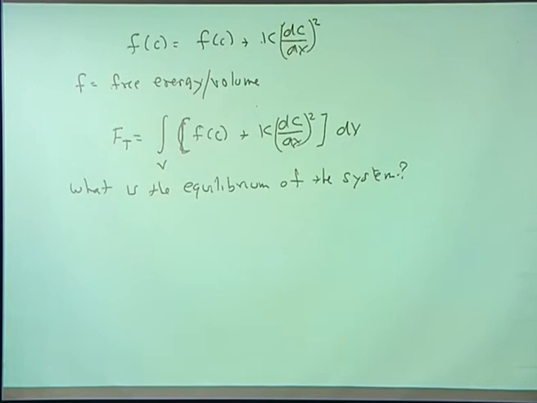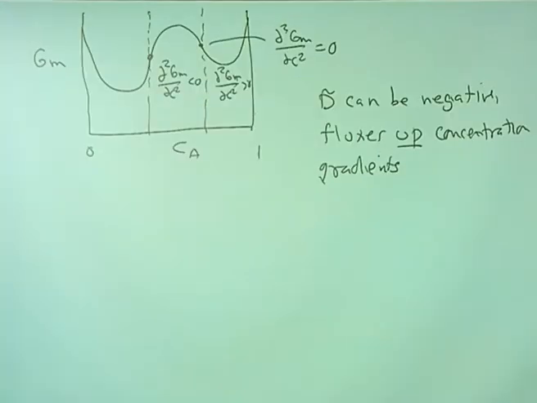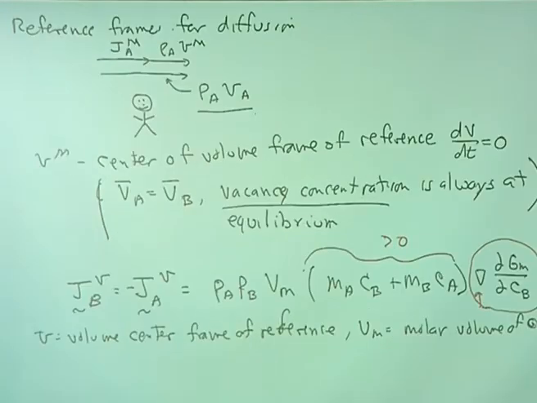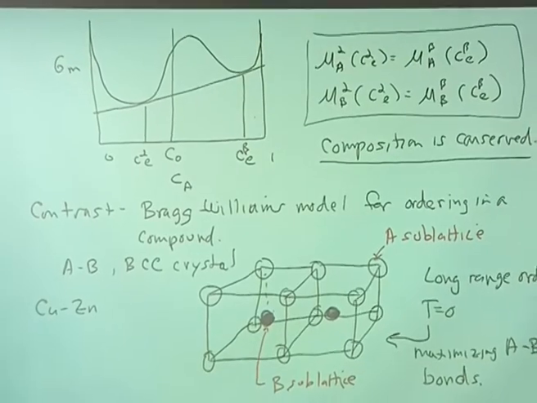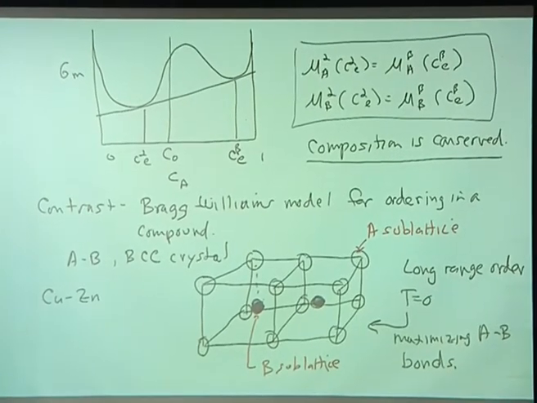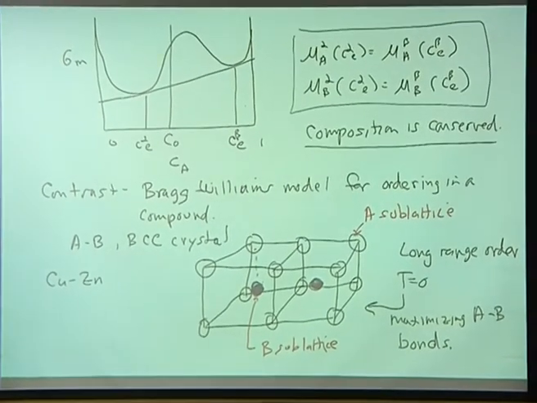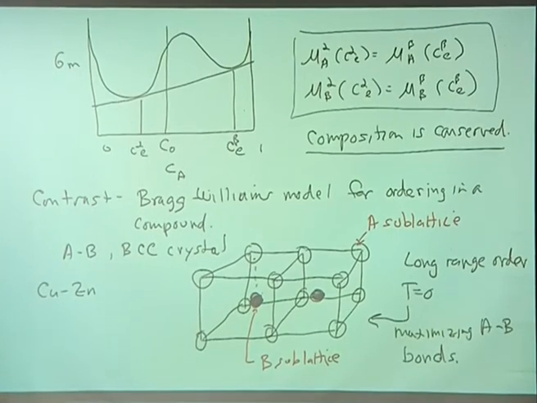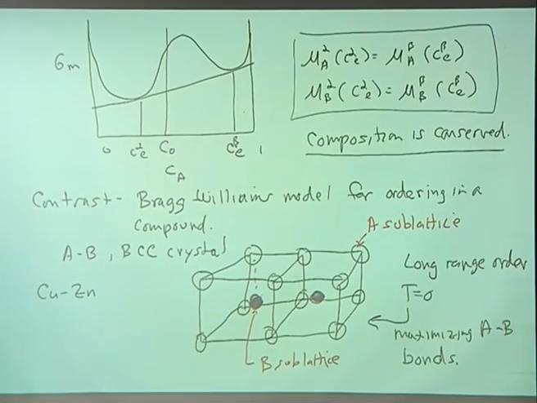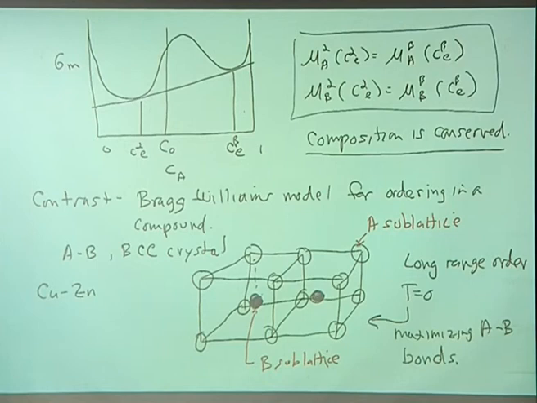So what is the equilibrium in the system? For those of you who haven't seen this before, we're asking something very different from what we've done before. Remember, we said the system is at equilibrium where the chemical potentials are constant in the system, for the case of composition.